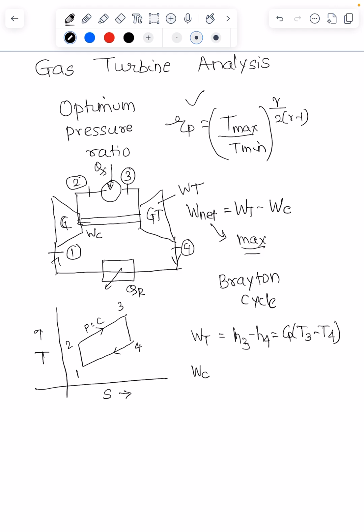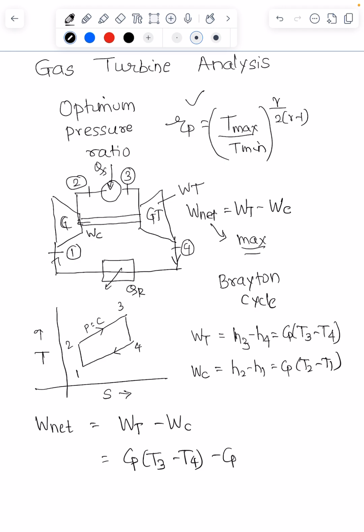Similarly, the compressor work would be the enthalpy difference in the process 1 to 2, which is H2 minus H1, which is again Cp (T2 minus T1). So now it is all mathematics. I write an expression of net work. Net work is turbine work minus compressor work, which is Cp (T3 minus T4) minus Cp (T2 minus T1).